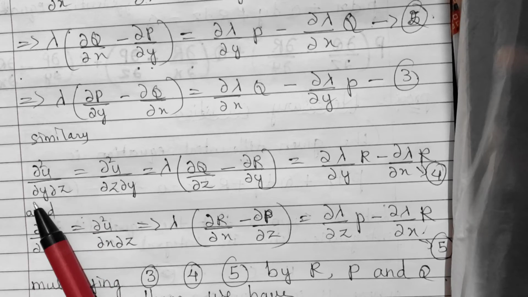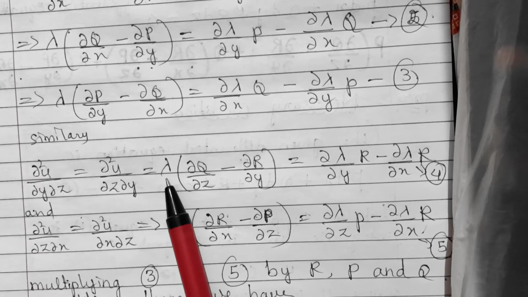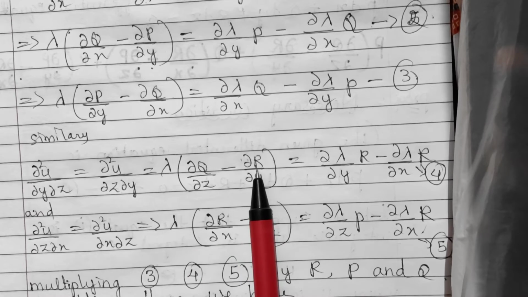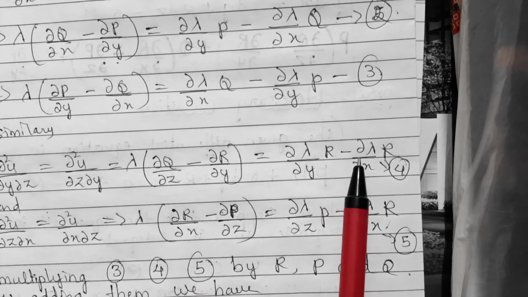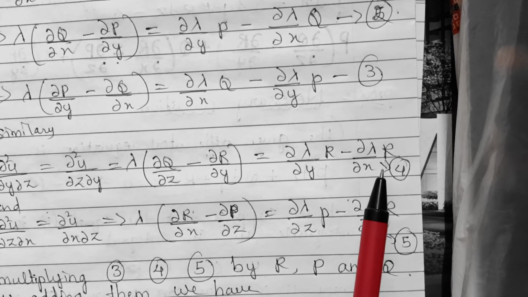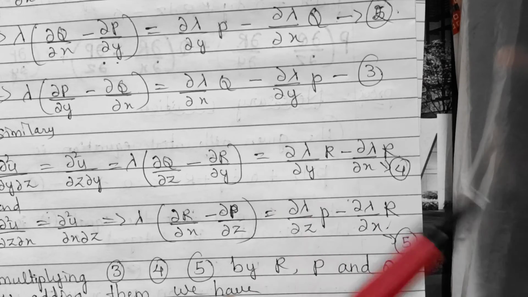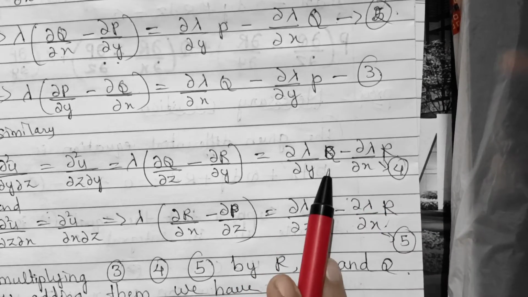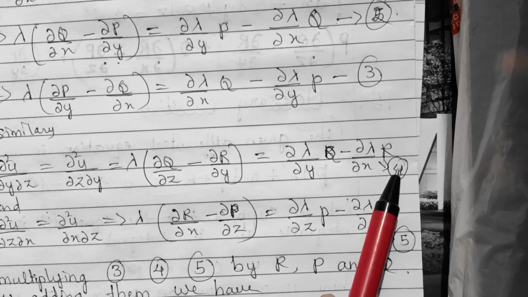Therefore ∂²u/∂y∂z equals ∂²u/∂z∂y. Taking this, we get the same form: λ(∂q/∂z minus ∂r/∂y) equals ∂λ/∂y into r minus ∂λ/∂x into, sorry, this is the q value, that is ∂λ/∂y into q minus ∂λ/∂x into r. This is nothing but our equation number 4, isn't it?